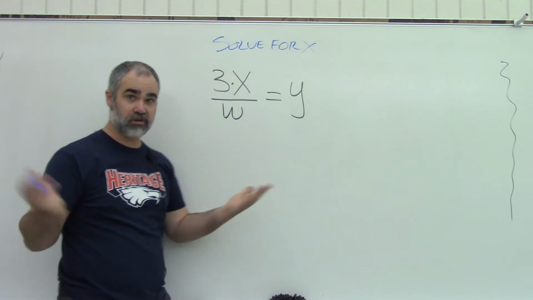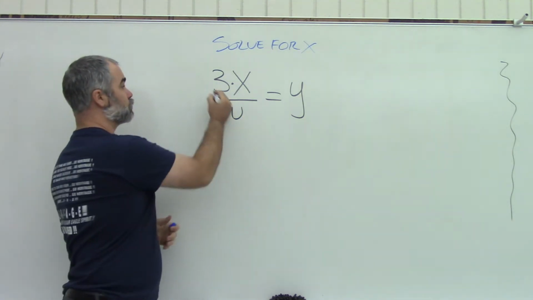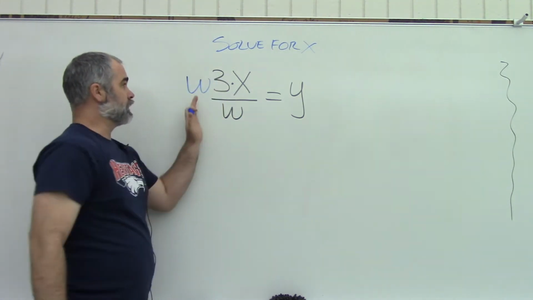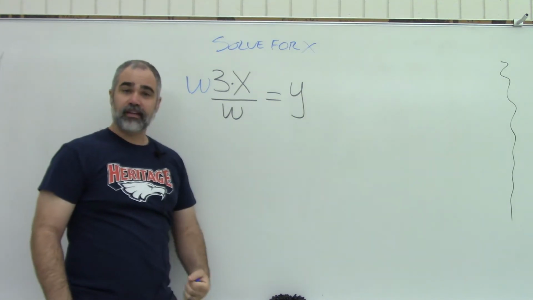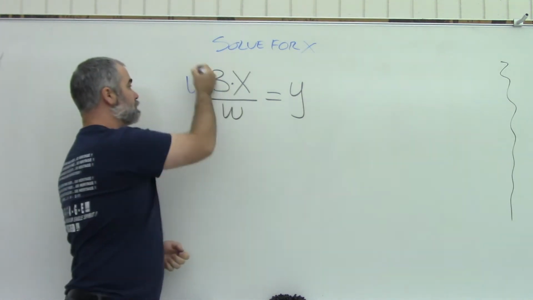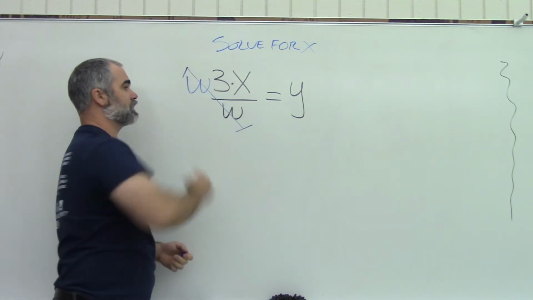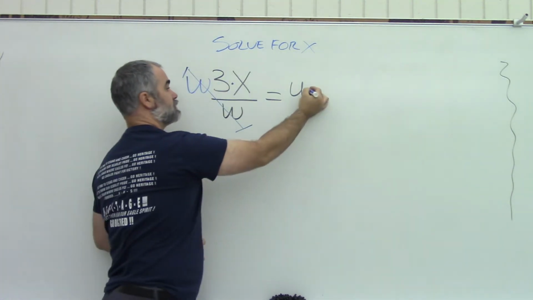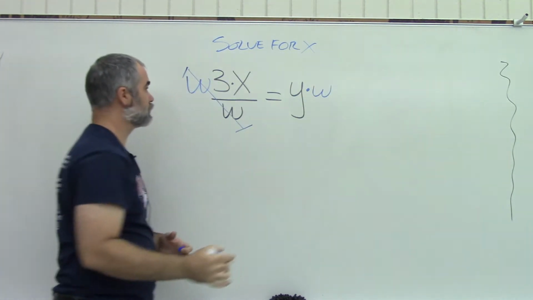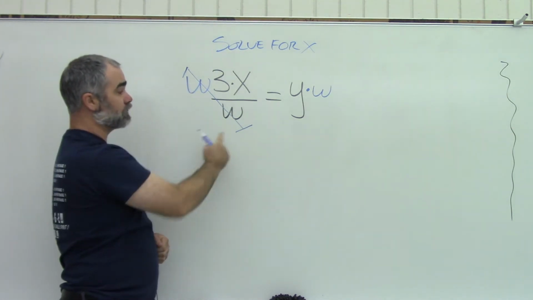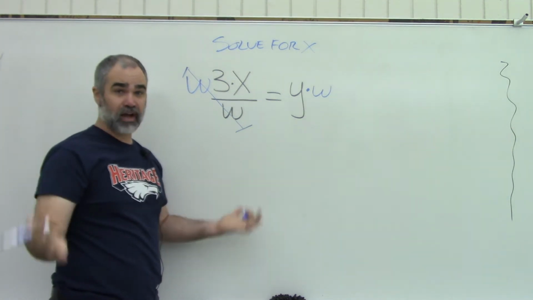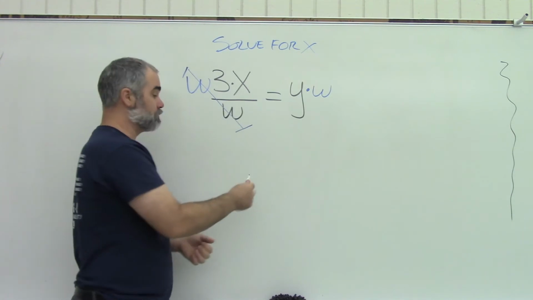No, let's just do it. See what happens. Multiply by w over here, and anything divided by itself is 1. So that makes a 1, same exact thing as the 4. We'll multiply by w over here. So that leaves me here. Those w's have become just a 1, so I've actually gotten rid of one of the variables on this side.